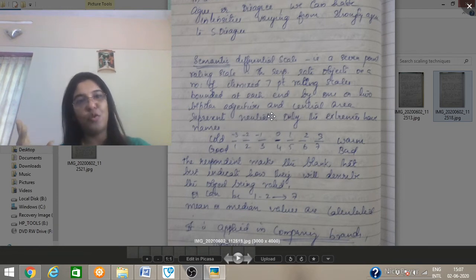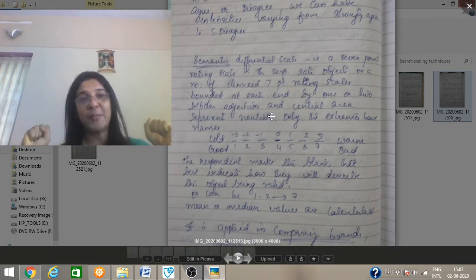Factor scales are of two types, the semantic differential scale as well as multidimensional space. What is it called? MDS, multidimensional scaling. So the semantic differential scale is part of factor scale.